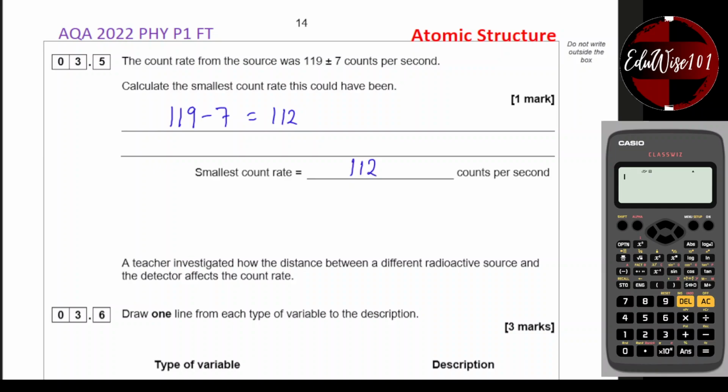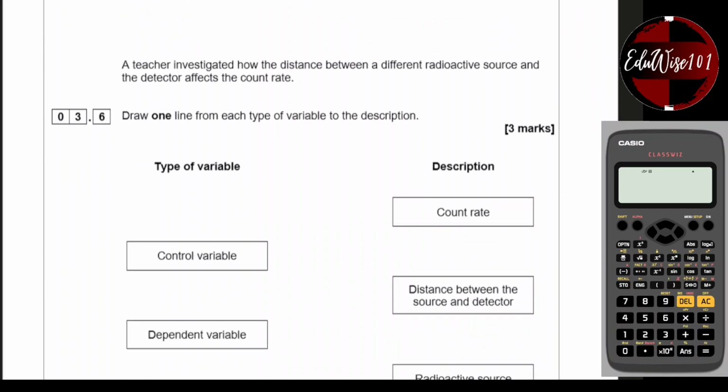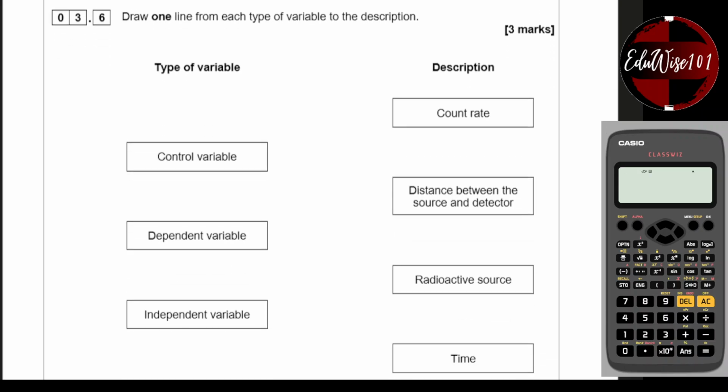A teacher investigated how the distance between a different radioactive source and the detector affects the count rate. Question 3.6. Draw one line from each type of variable to the description. You are meant to draw only one line from each type of variable here.